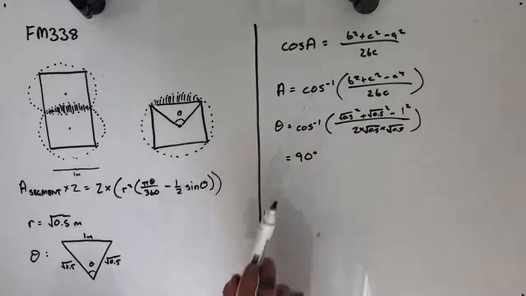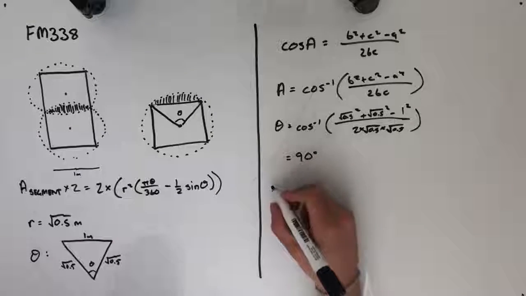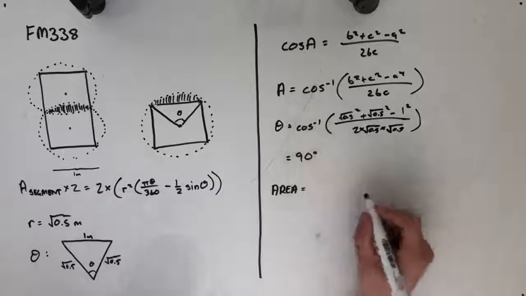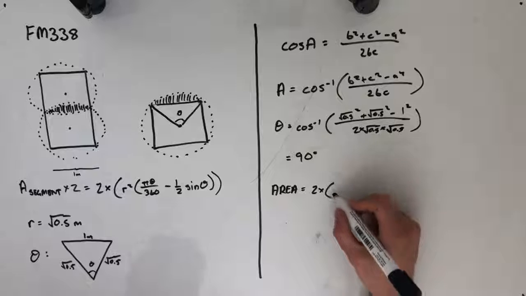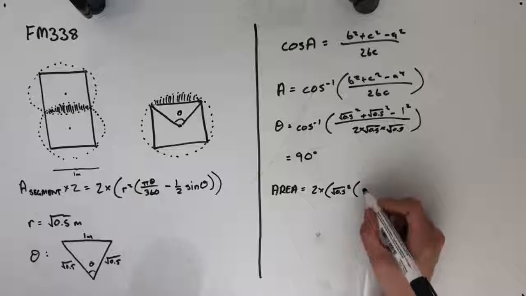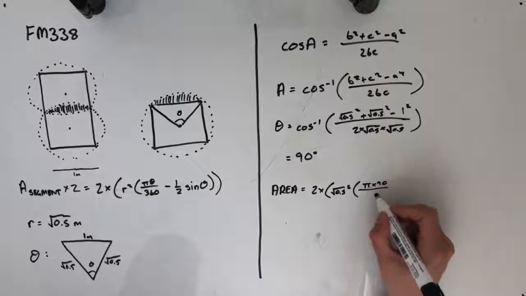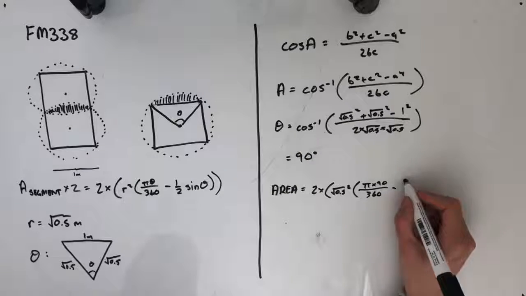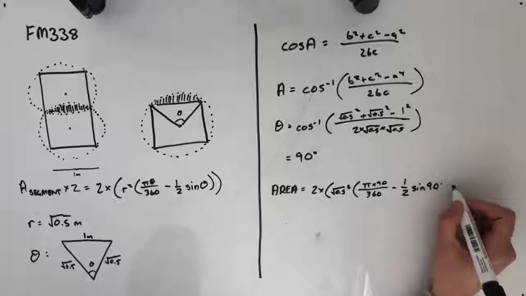We now know our radius and our angle, so we can apply it to this final formula. So our final area that we're looking at is going to be equal to 2 times root 0.5 squared times pi times 90 all over 360 minus 1 over 2 sine of 90 degrees.